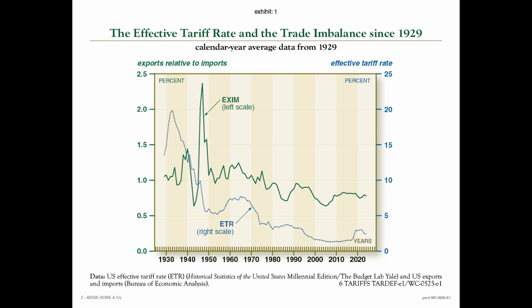The first slide shows the history of the tariff rate in the US. The effective tariff rate is the weighted average of tariffs on different countries, different goods and services, and compared with the imbalance between exports and imports.